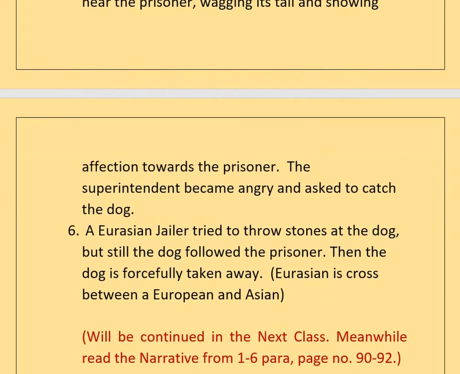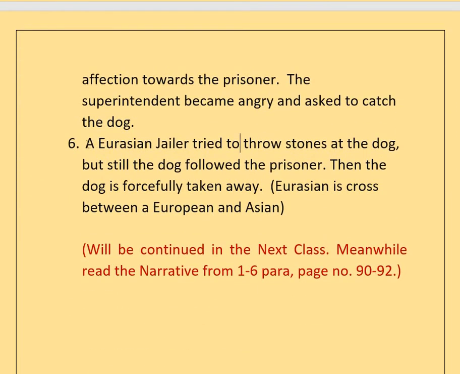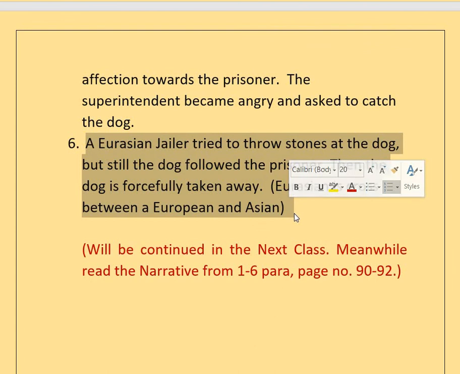Para 6. A Eurasian jailer tried to throw stones at the dog, but still the dog followed the prisoner. Then the dog is forcefully taken away. Eurasian is a cross between a European and Asian.